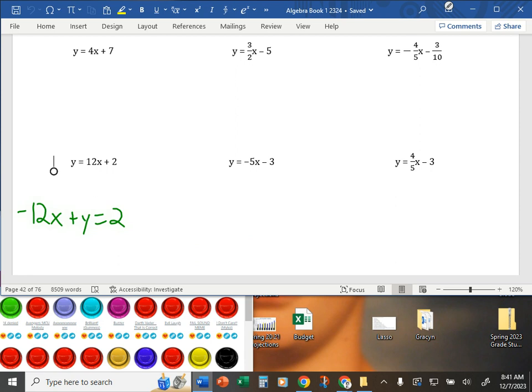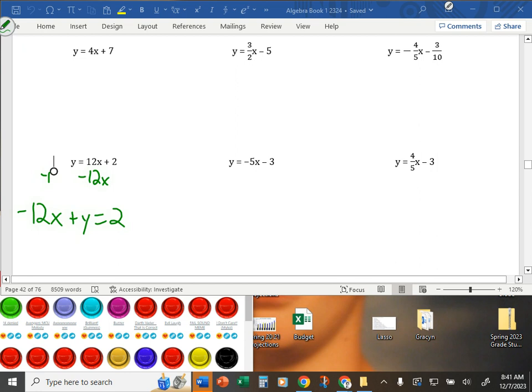Okay. -12x plus y equals 2. The only step to do here is to move that 12x over. Again, using opposite operations, if it's positive 12x on the right, you are subtracting 12x from both sides. And 12x minus 12x is 0x, separate from the y term. These cancel out, and you're left with +2.